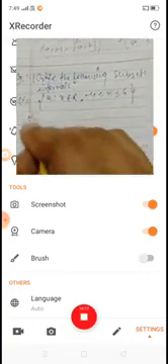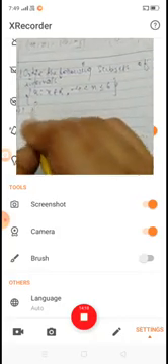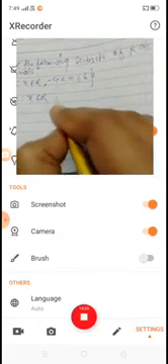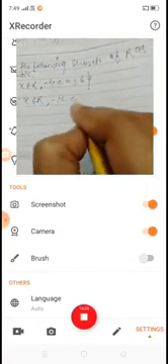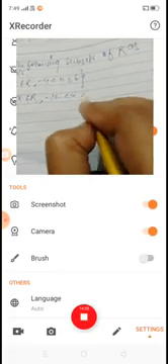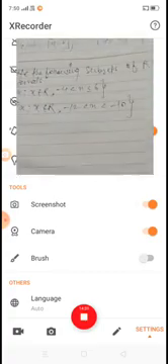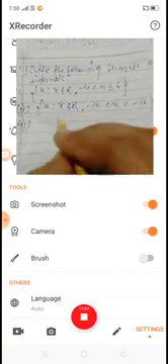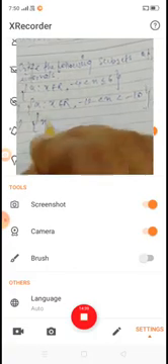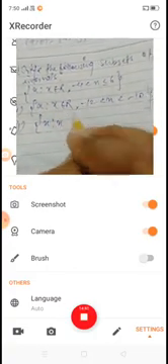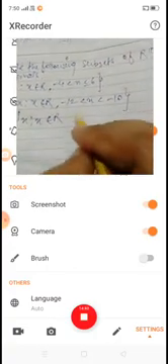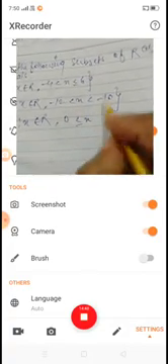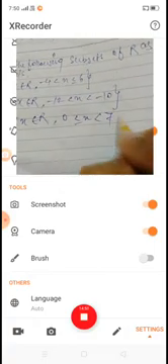Second, x such that x belongs to real numbers and -12 less than x less than -10. Third one, x such that x belongs to real numbers, 0 less than or equal to x less than 7.